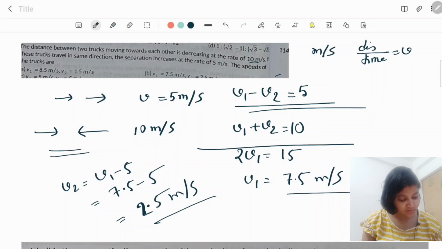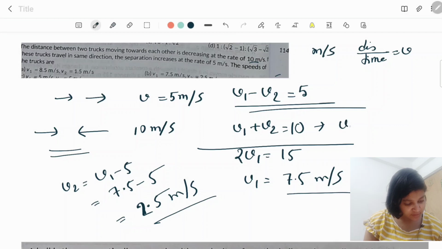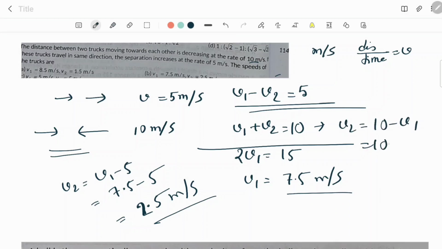So these are the two velocities. We could also find v2 as 10 minus v1, or 10 minus 7.5, which also gives 2.5 meter per second. So one of them has a velocity of 7.5 meter per second and the other one has a velocity of 2.5 meter per second.